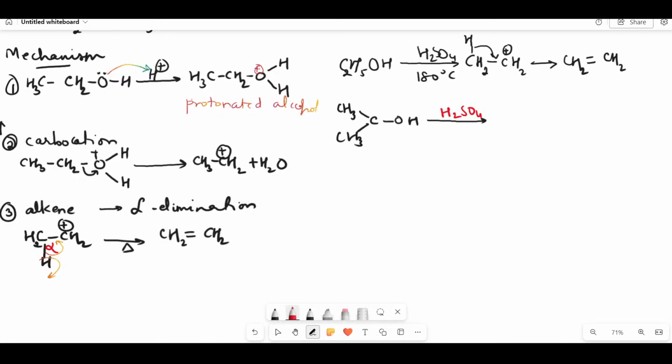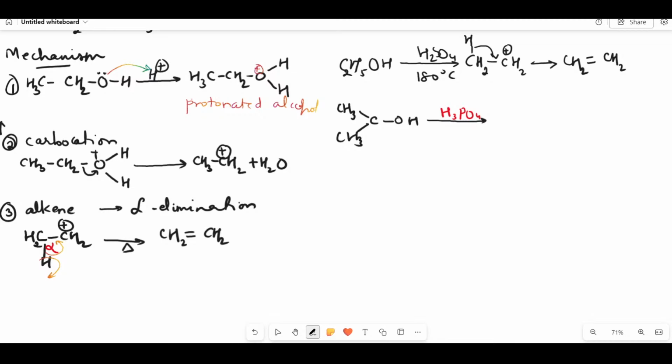Here, instead of sulfuric acid, let me take H3PO4, and the same reaction, the same thing will occur.